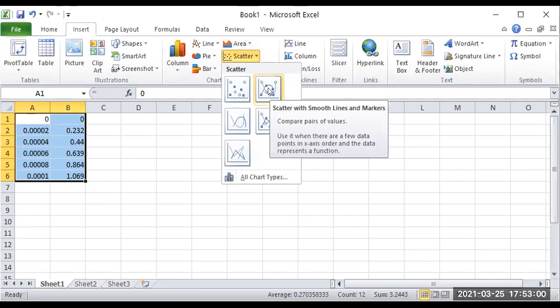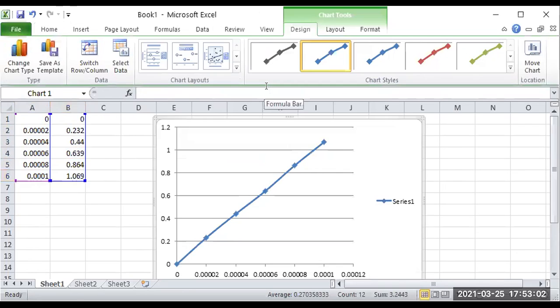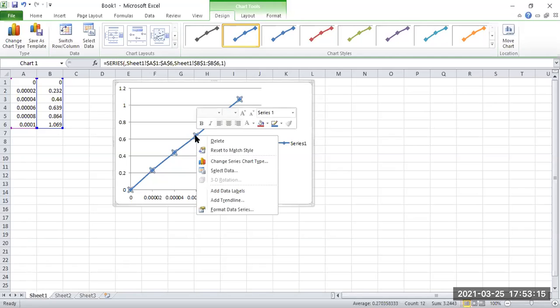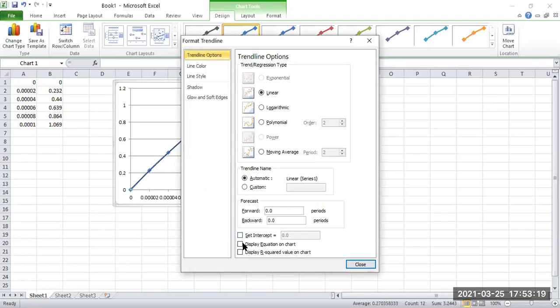We want one with a line on it. And boing, I have a graph. And I want to right click on one of my dots. I am going to add trend line. And I want an equation and an R value so I can tell how decent my data is.